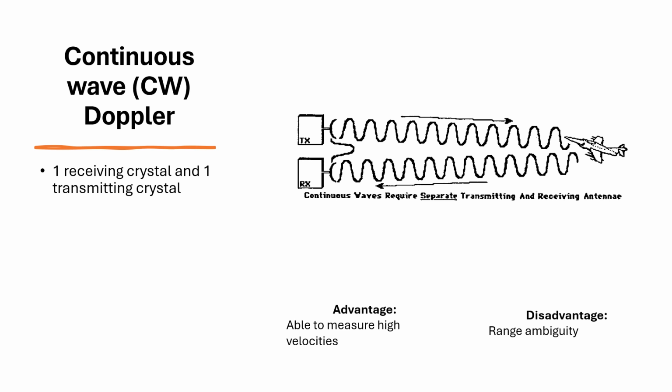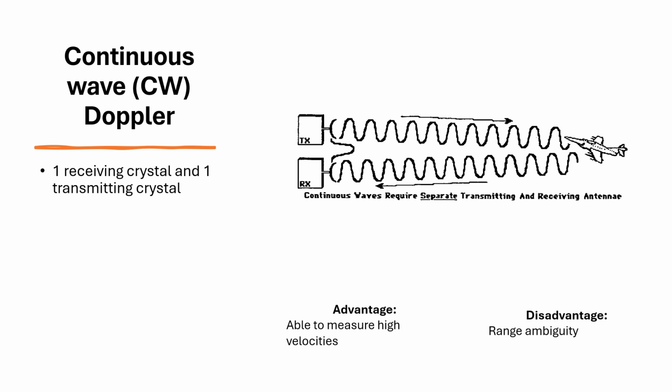So like promised, let's talk about continuous wave Doppler, or CWD. The transducer of a continuous wave Doppler has two crystals. One is constantly transmitting and one is constantly listening or receiving. It has several advantages and disadvantages.